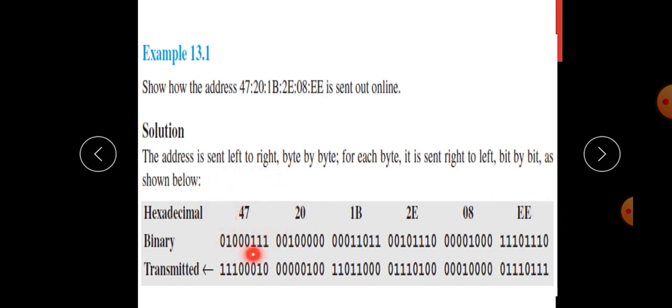But inside, the bits will not be sent in the same order. They will be sent from right to left. Means first the least significant bit is sent and at the last the most significant bit is sent. So during transmission it is 1 1 1 0 0 0 1 0 that is sent.